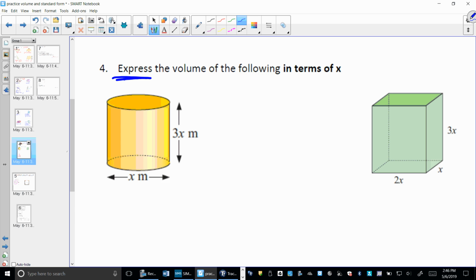So what we do is we say, okay, what would we do with this? We find the volume of a cylinder. Remember, the volume of a cylinder was pi r squared h. That's what we get given. So does the pi ever change? No. What's our value for r though, doing this one? This is a trickier one.